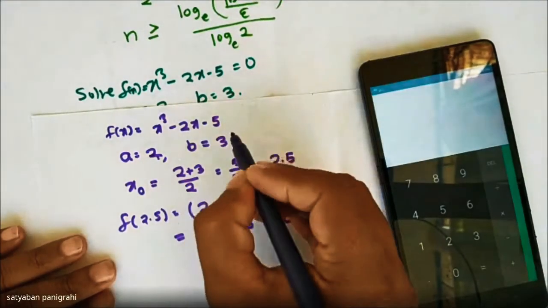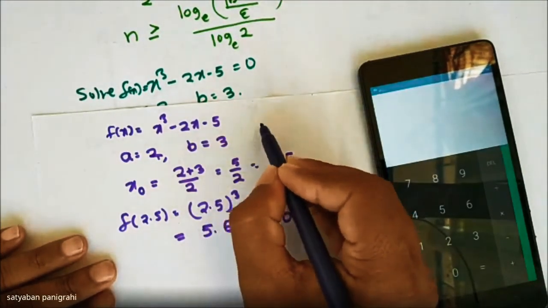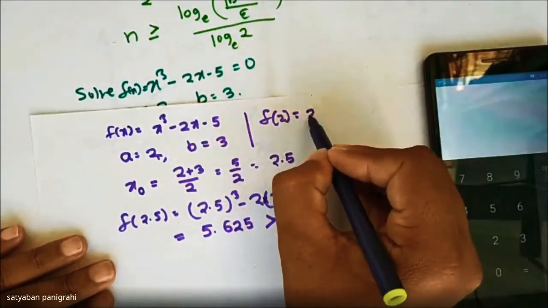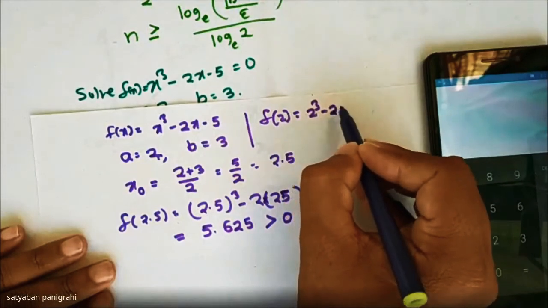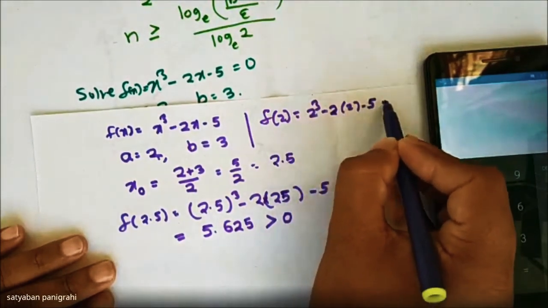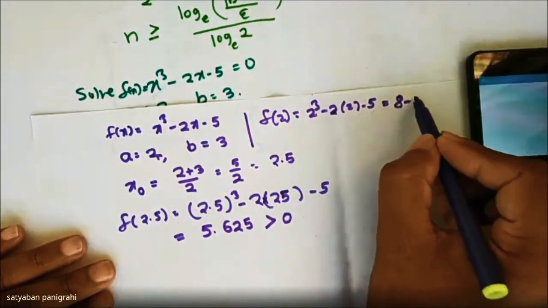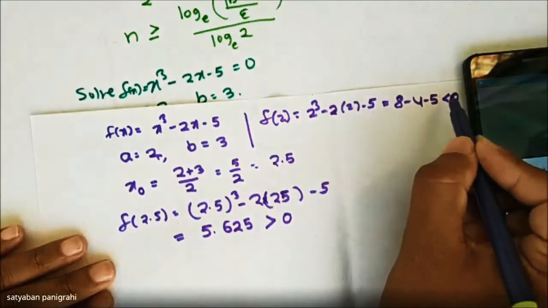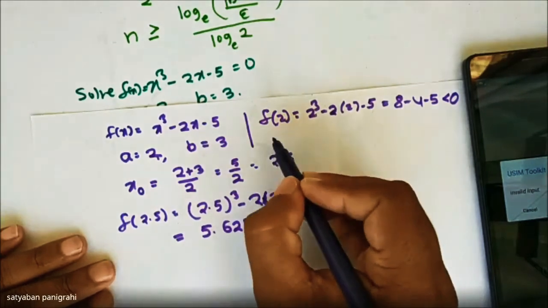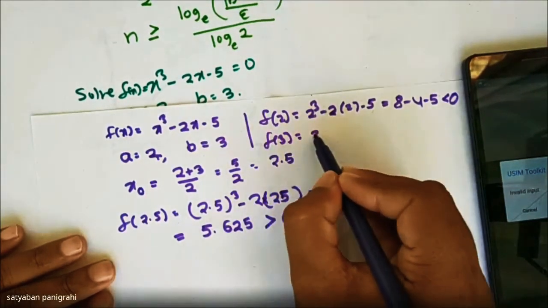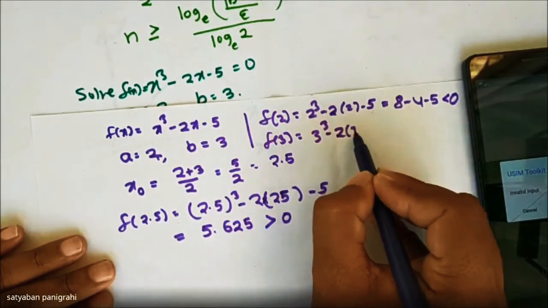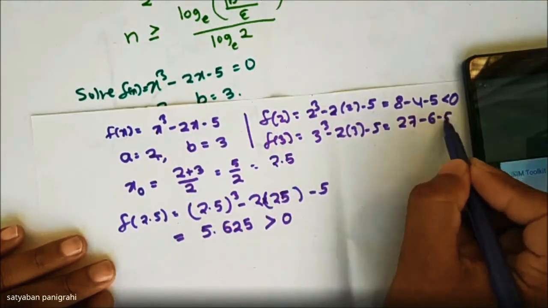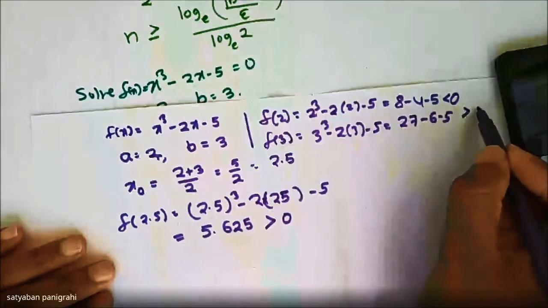Before that, I need to compute f of 2. f of 2 is 2 cube minus 2 into 2 minus 5, 8 minus 4 minus 5, that is minus 1, negative. And f of 3 is 3 cube minus 2 into 3 minus 5, 27 minus 6 minus 5. This is positive.